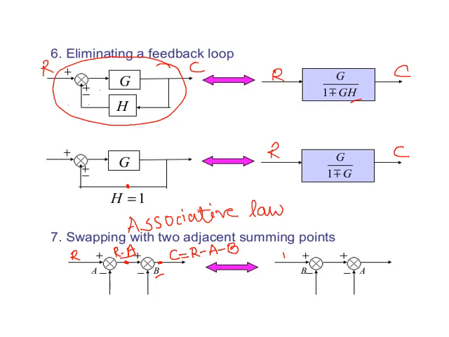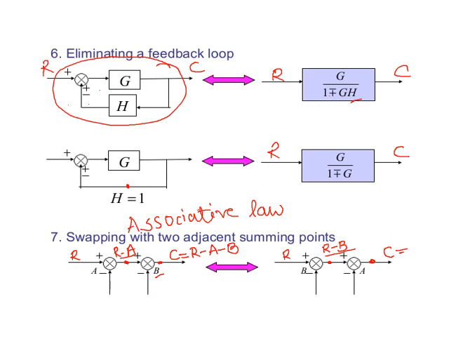Suppose this is the input and this is the output. We will see whether it is the same. Look at this, at this node what will be the output? R minus B, and at this point the output will be nothing but C. Here two signals are incoming.